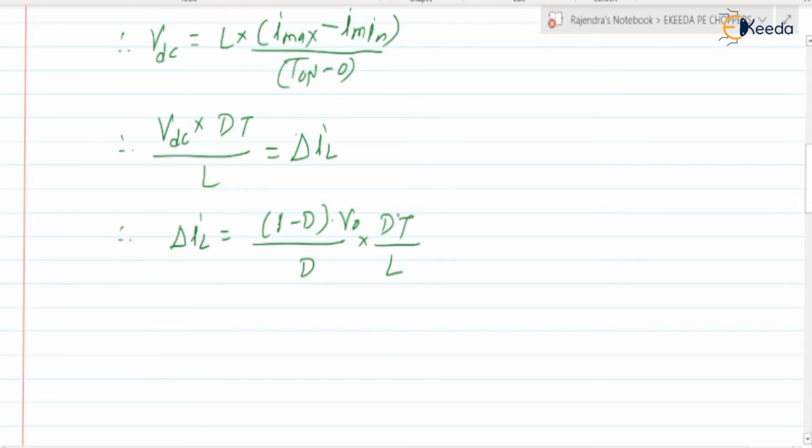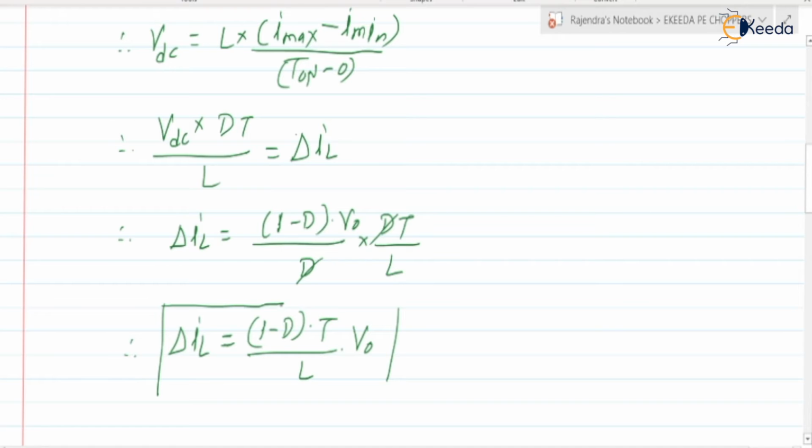The d will get cancelled. Therefore the ripple in inductor current, delta IL, is equal to 1 minus d into t divided by L, into V0.